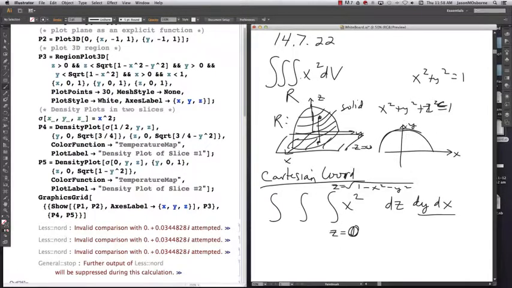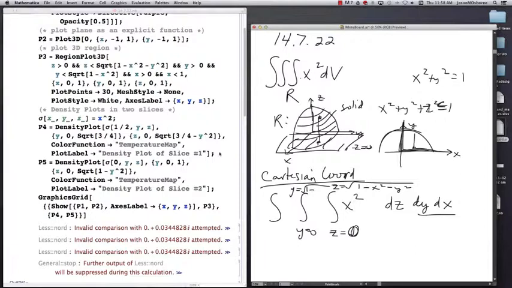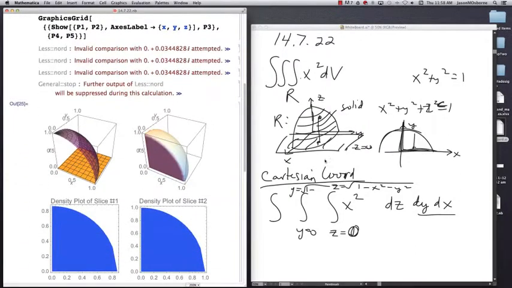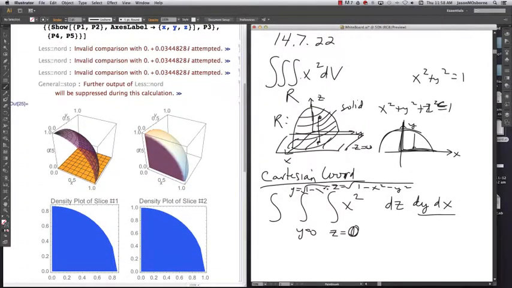It would only be this part of the circle because we are in the first octant. So you would go from y equal to 0 up to y equal to the square root of 1 minus x squared, and then x from 0 to 1.